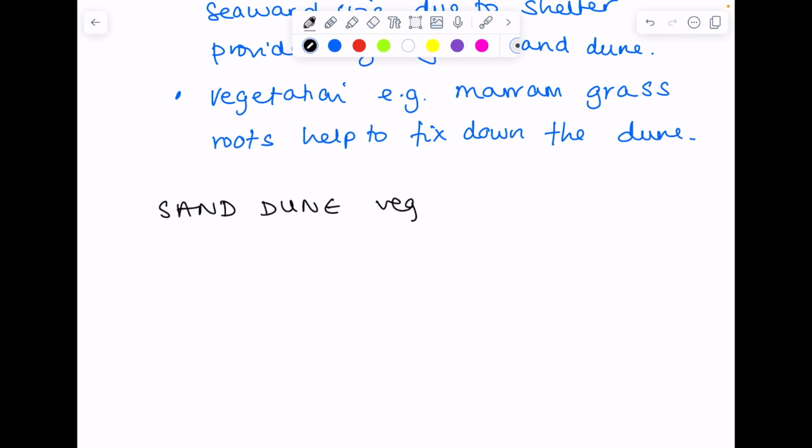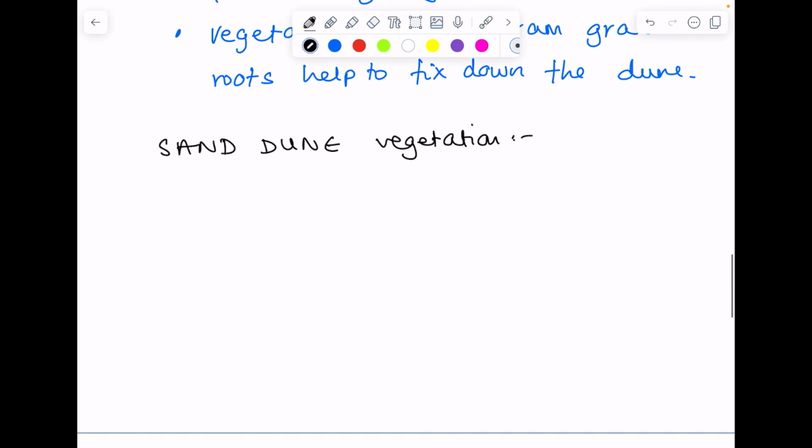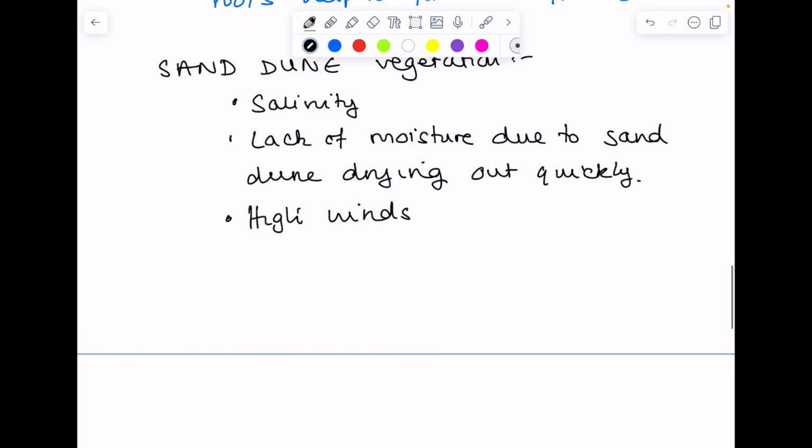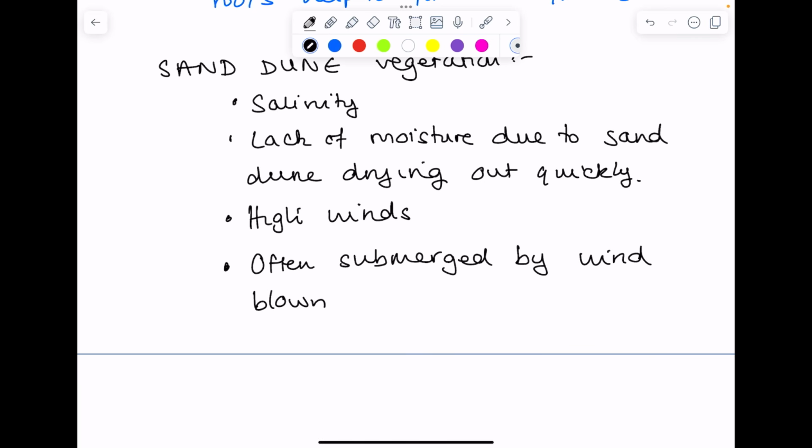So sand dune vegetation needs to be able to cope with some quite extreme conditions, including salty conditions, so salinity, a lack of moisture due to the sand dune drying out quickly, high winds, and the fact that the vegetation is often submerged by the wind-blown sand. So marram grass is extremely specialised to be able to cope with these tough conditions.